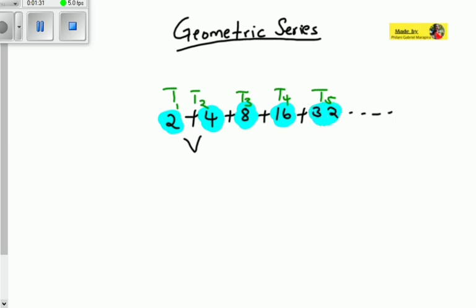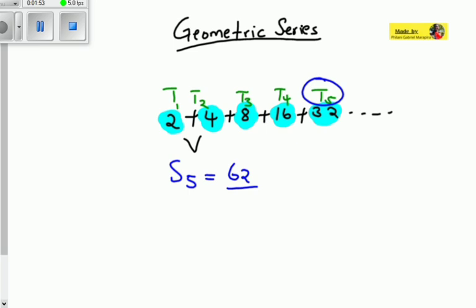If we take our calculator and add the terms, we will get a total of 62. So the sum of these 5 terms is equal to 62.